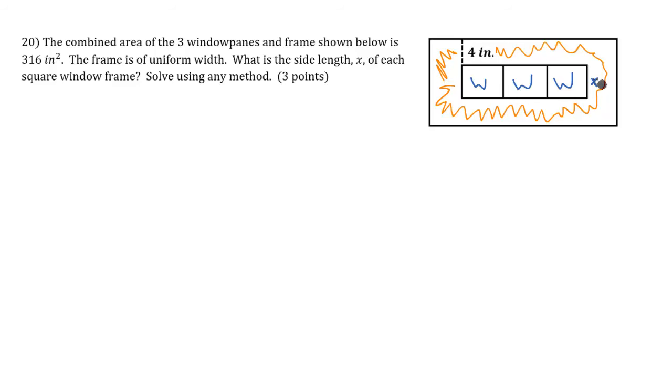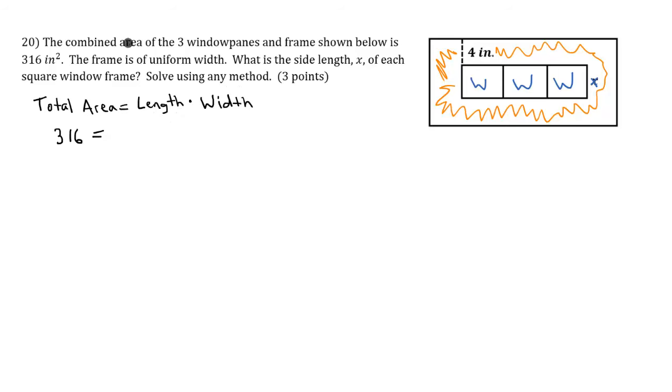So I'm going to use my formula for area, and we want to find the total area of this entire frame, including the frame and the windows, and we're given that it was 316 inches squared.